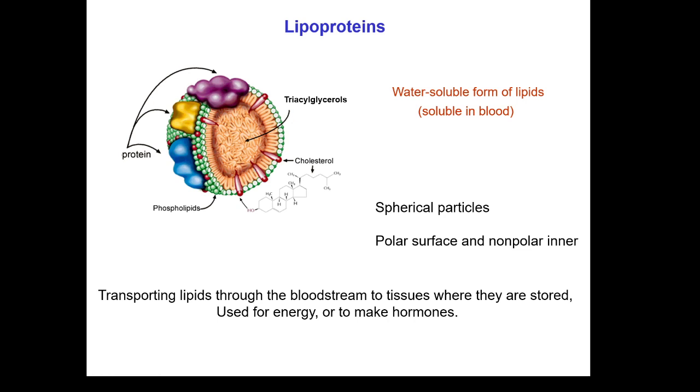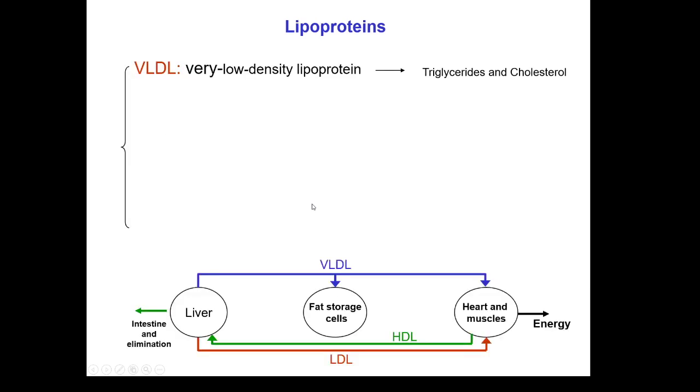It has a polar surface, which makes it soluble. And in the interior is a non-polar region, where all my triacylglycerides and things sit. They'll travel through the bloodstream to the area where they're going to be stored, and then later used to give us energy or to make hormones.